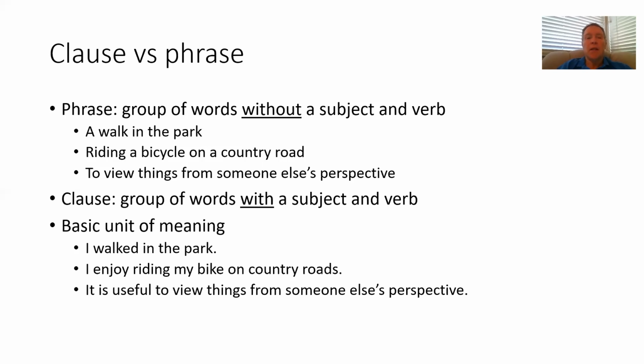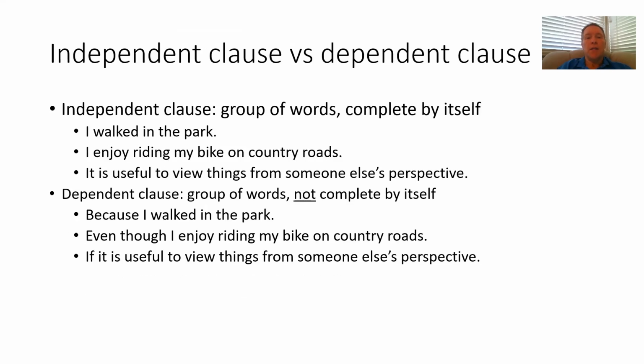Now, it looks like from these examples that a clause is the same thing as a sentence. You'll notice all my examples are also complete sentences. But it's a little more complicated than that because there are different kinds of clauses. The two major categories are independent clauses and dependent clauses.